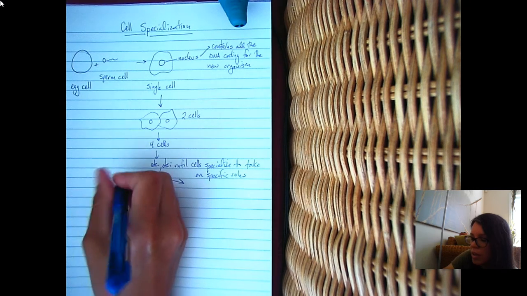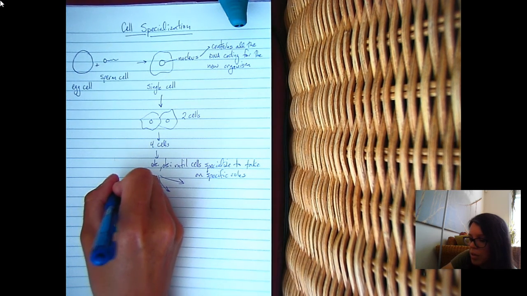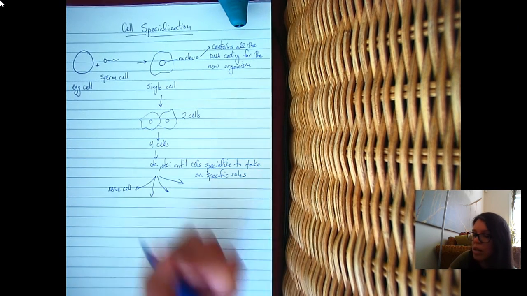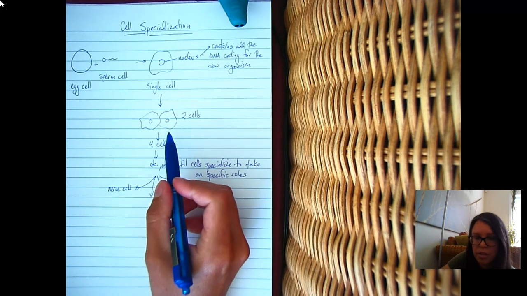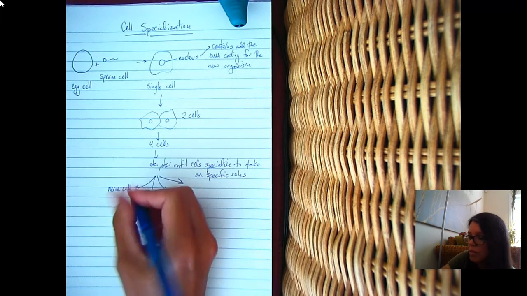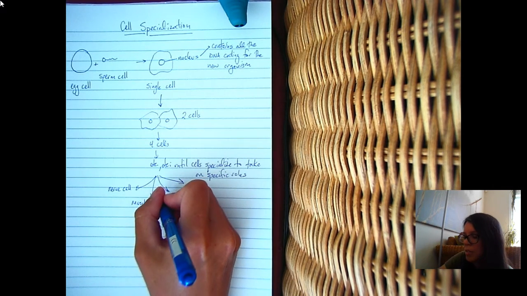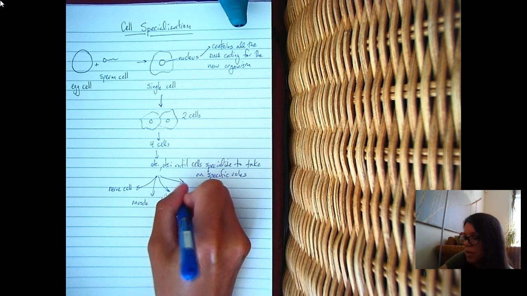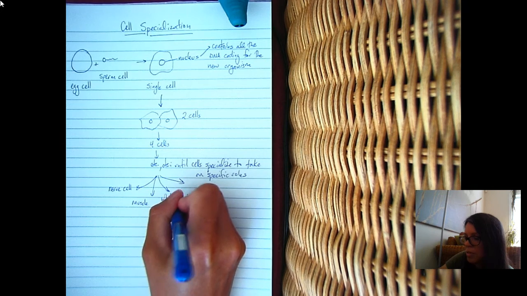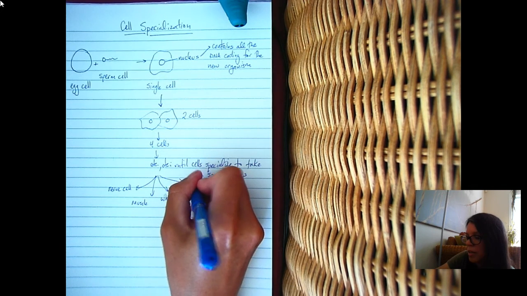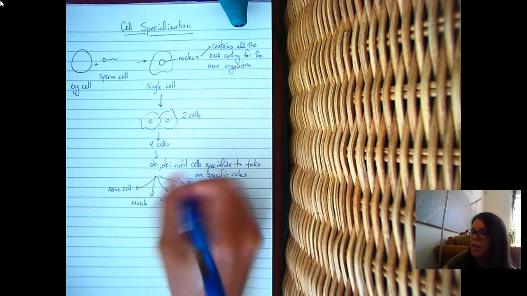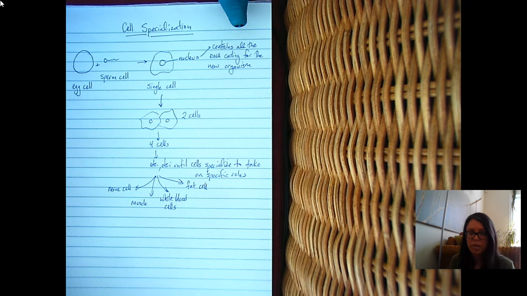So you could have here at one point, maybe I go from just being a general cell that could become anything to a nerve cell, muscle cell, let's put white blood cell. I'm trying to think of familiar ones. Maybe I'll put a fat cell. Okay, these kinds of things. So definitely performing different functions. Now that said, they all have the same DNA code in the nucleus.